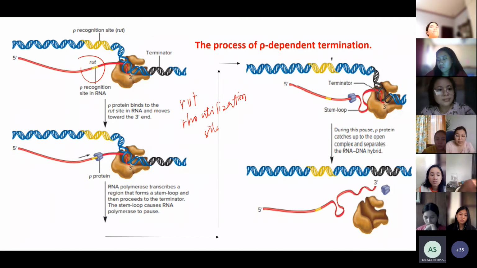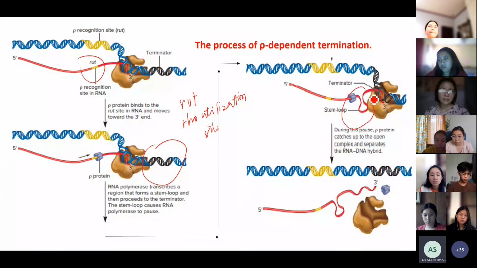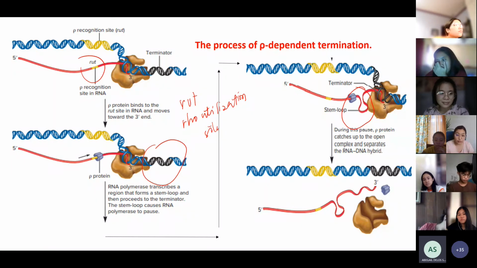So this is our terminator, or the termination site. The DNA would encode a sequence that contains GC base pairs that form a stem loop. This stem loop would form almost immediately after the RNA sequence is synthesized and quickly bind to RNA polymerase, resulting in a conformational change that would cause RNA polymerase to pause its RNA synthesis.